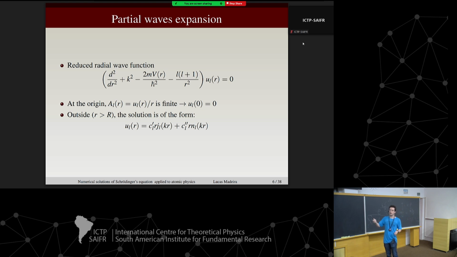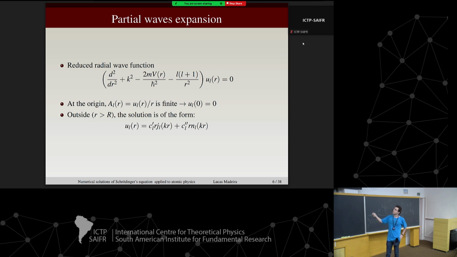So the wave function must be finite at the origin. Since I did this change of variables, I would have problems if this r here was 0, right? I would have a 0 in the denominator. So what's the boundary condition that I have to put in this equation? I must require that it's 0 at the origin so that I don't have any problems and the radial wave function is finite, okay?